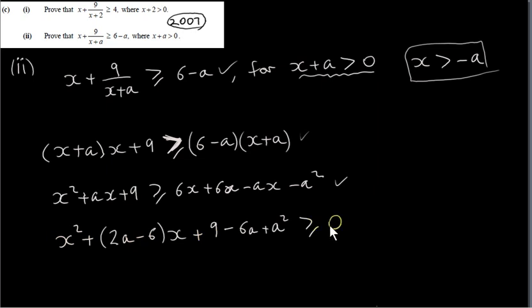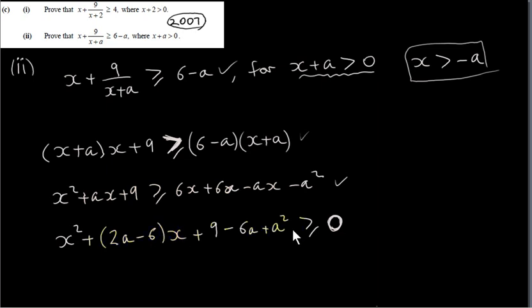Now we want to get this inequality into the standard form of a quadratic inequality. That means we want 0 on the right hand side. So we have an x squared term. Now to get the x term, we have ax here combined with minus ax. Bring that over, that becomes 2ax. We also have a minus 6x. So we have 2ax minus 6x. I factorize out this x.